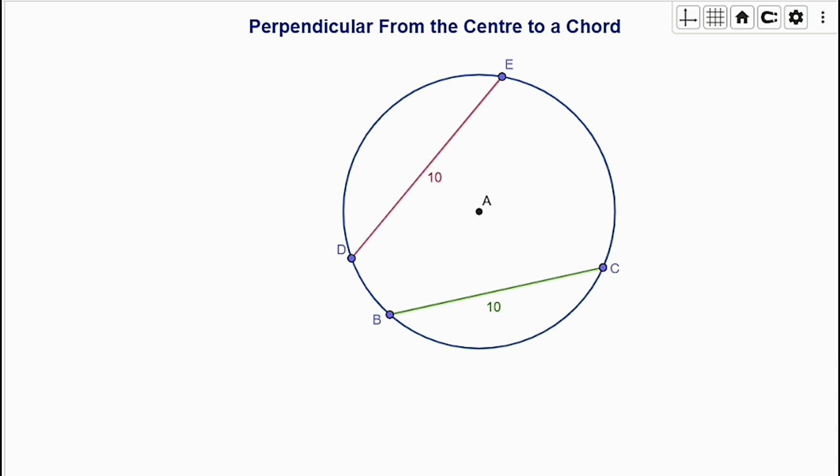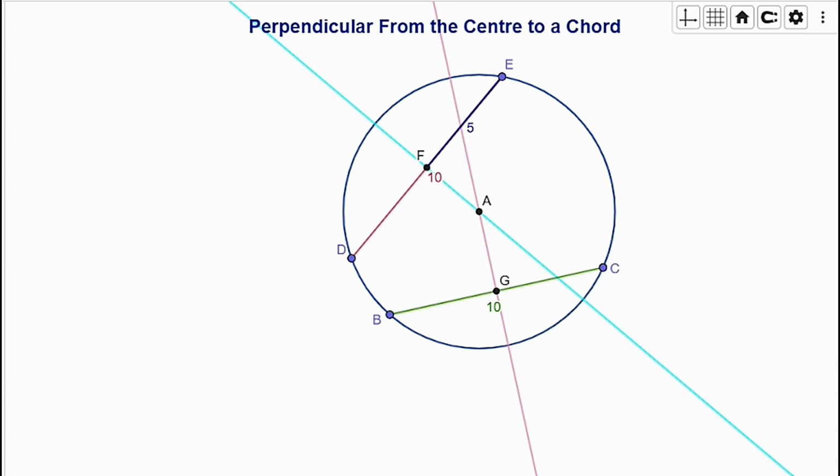Now we draw a perpendicular from the center A to the chord DE and also to chord BC from the center A. The point of intersection of the perpendicular drawn on chord DE from the center and the chord DE is F. If we measure the length of the segment EF, we find it is 5 centimeter.